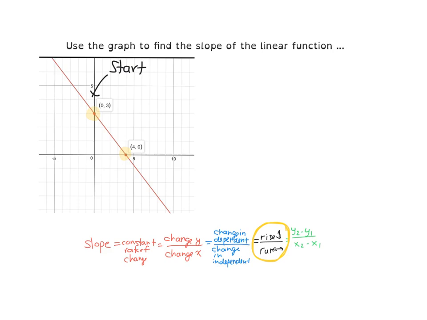So the rise is how far up and down did I go from my starting point all the way over to my ending point. So if I started right here, I would have to go straight down this far to be in line with my ending point. So in other words, the rise, or how far up and down I went, is down 3 units.